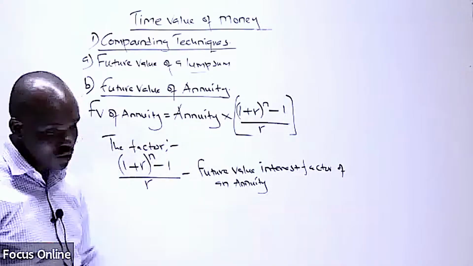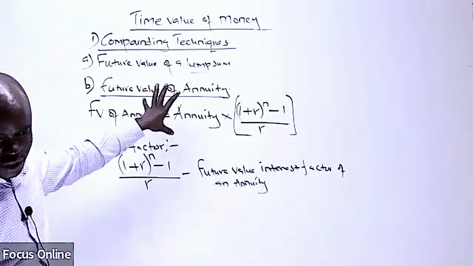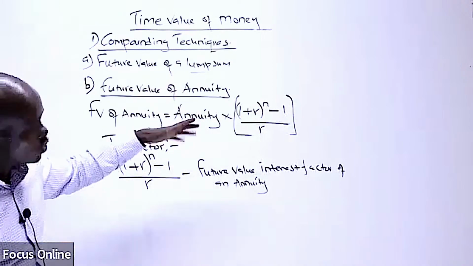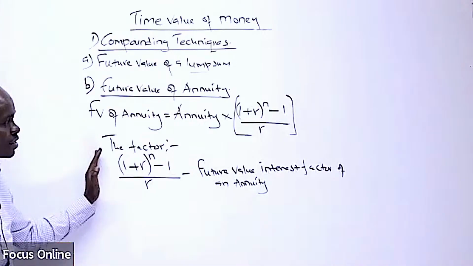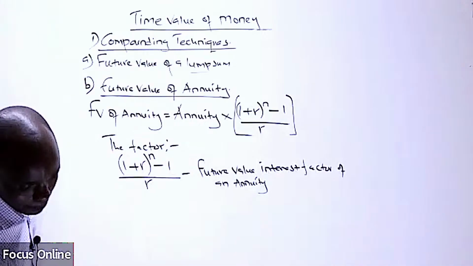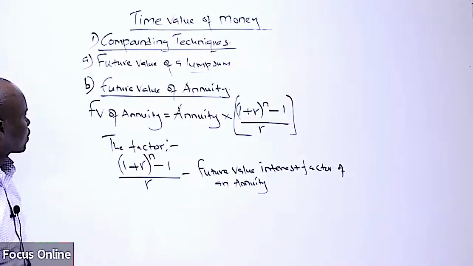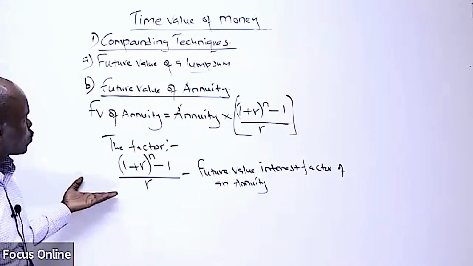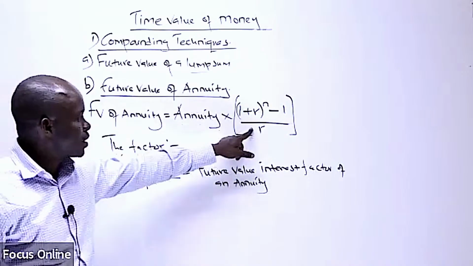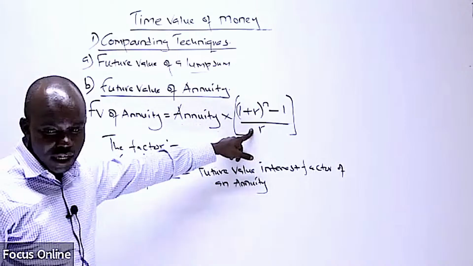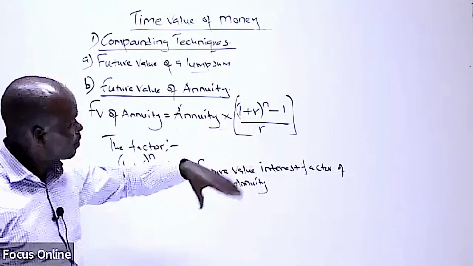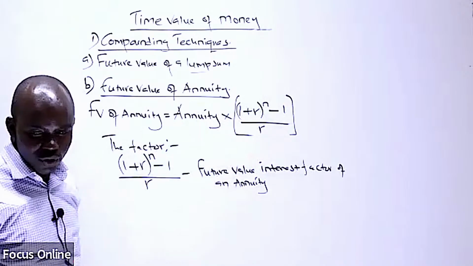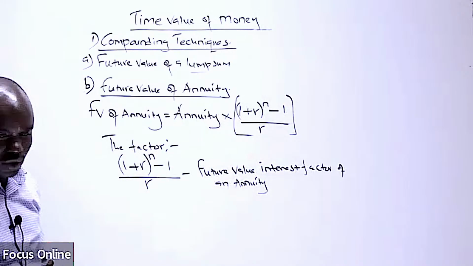But for future values, the tables for compounding are not widely used in financial management. So just get these formulas right. Any question here? There is nothing to explain. R is the rate of return or the interest rate, and N is the number of periods.